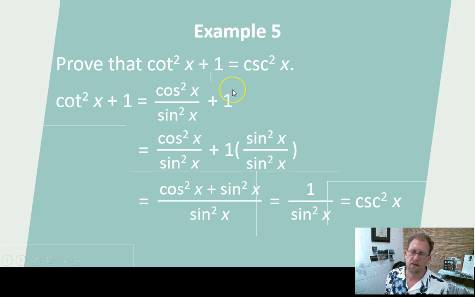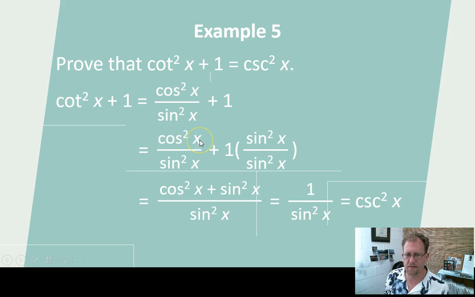Any fraction that has the same numerator and denominator is 1, right? So I can turn this 1 into sine squared x over sine squared x. Now I have a common denominator.